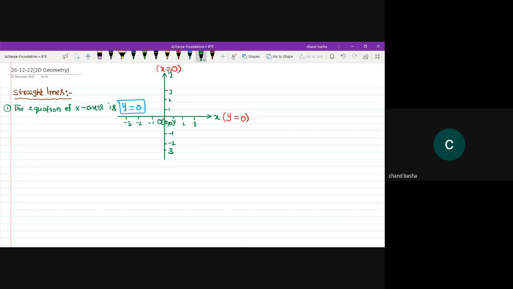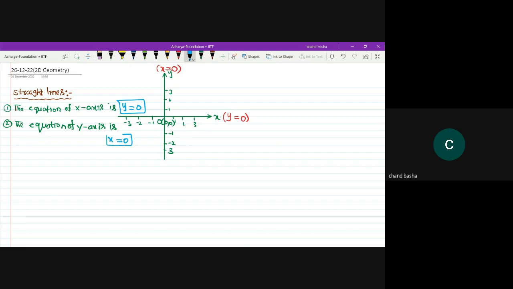The second point, point number 2, the equation of y-axis. Y-axis is, as you have given, x is equal to 0.